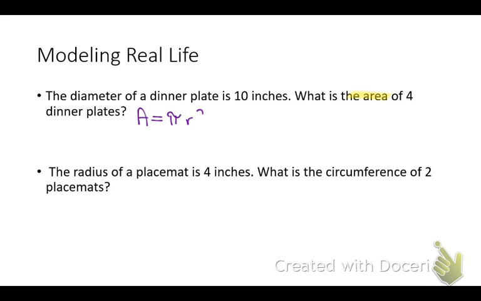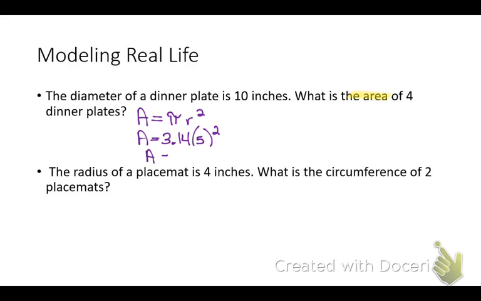Pi r squared. So A equals 3.14 times the radius, which I'm really proud of you guys walking around. I think everybody put in 5. That's awesome. So you recognized that 3.14 times 25 was 78.5, correct?